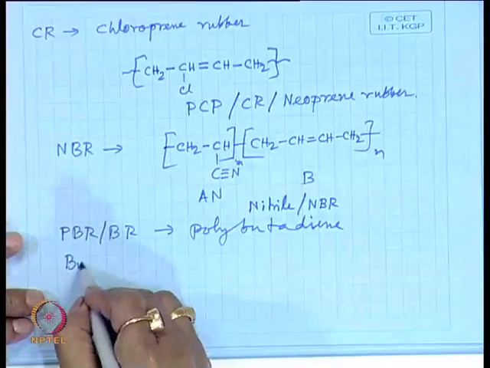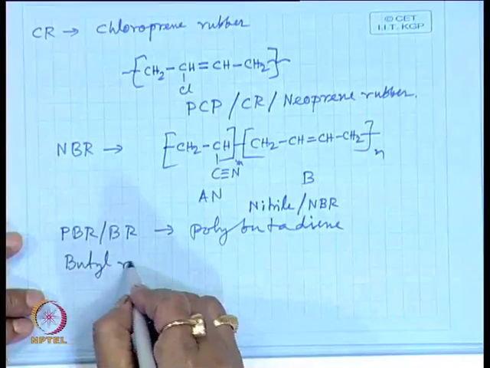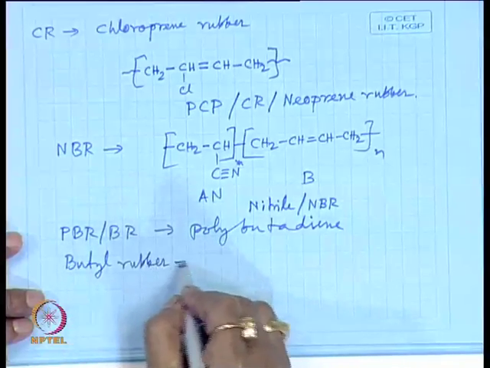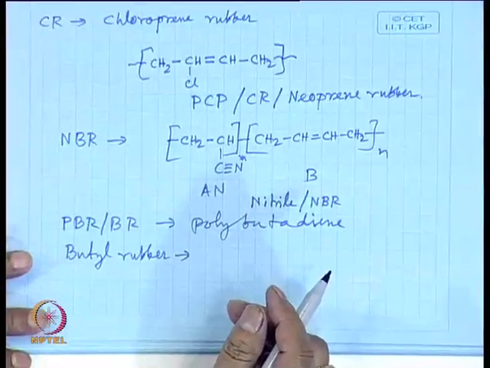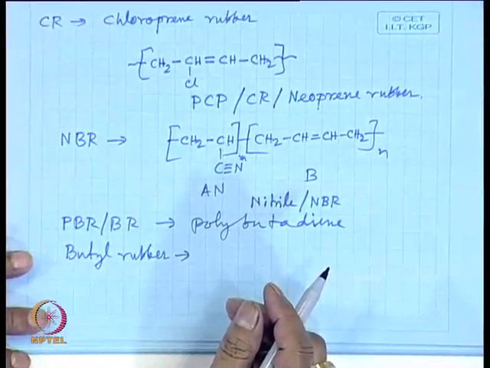Butyl rubber, it is again a copolymer, where the co-monomer percentage is very small.